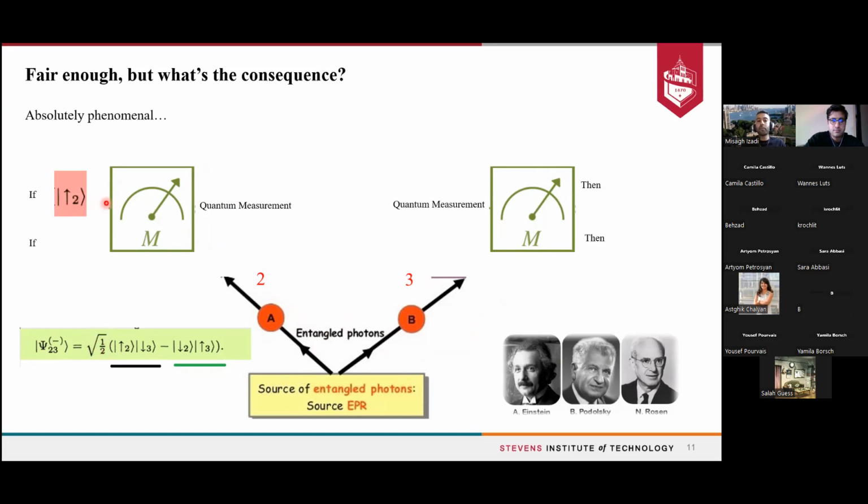If after measurement you find the polarization of photon 2 is vertical, immediately, right after that, without performing any measurement, and no matter how far apart they are, you can say photon 3 is going to have horizontal polarization. Or if photon 2 has horizontal polarization, immediately you can say photon 3 is going to have vertical polarization. It doesn't matter how far they are.